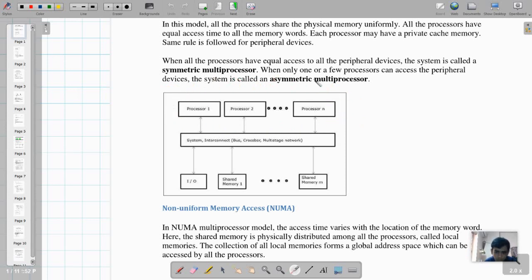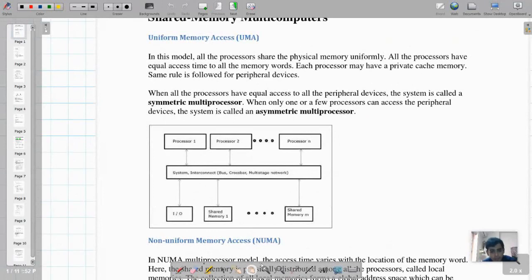Now, as you know, memory is necessary for any kind of computation. So, depending on how the memory is going to be used by different processors, these three classifications have been done. First, let me start with uniform memory access, UMA model.